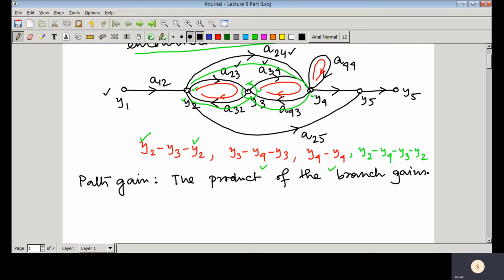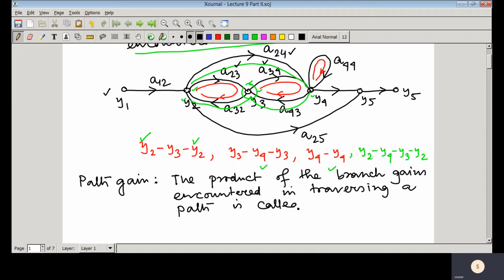So the product of the branch gains encountered in traversing a path is called the path gain.